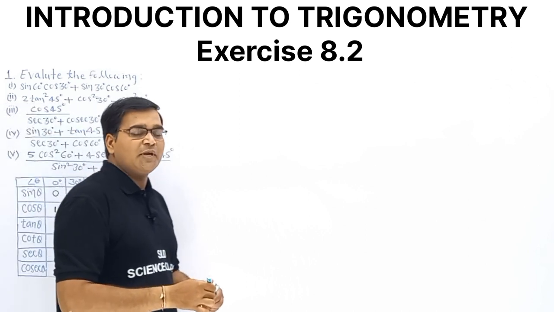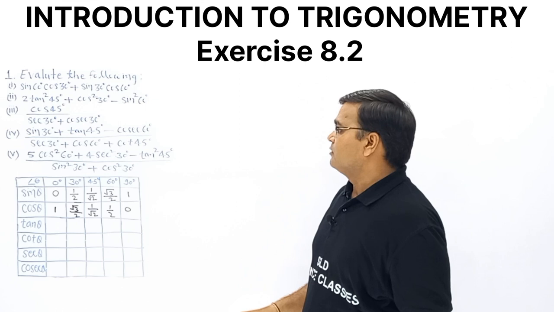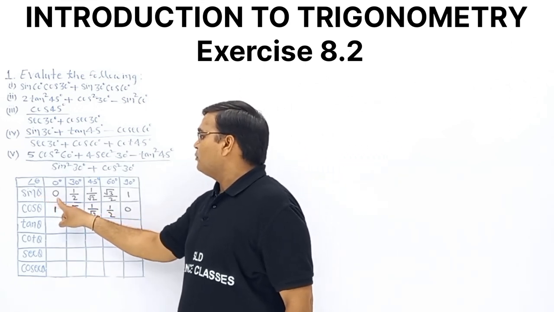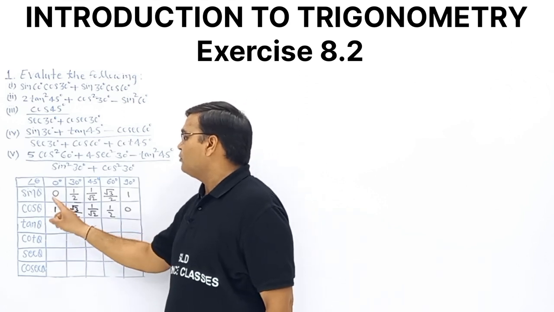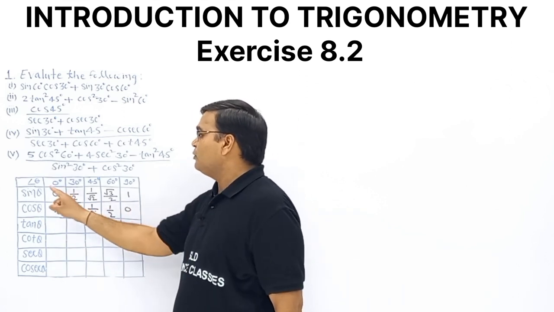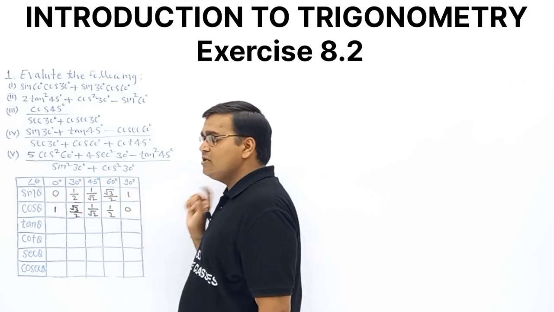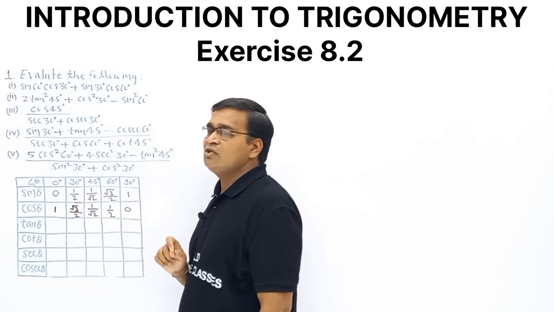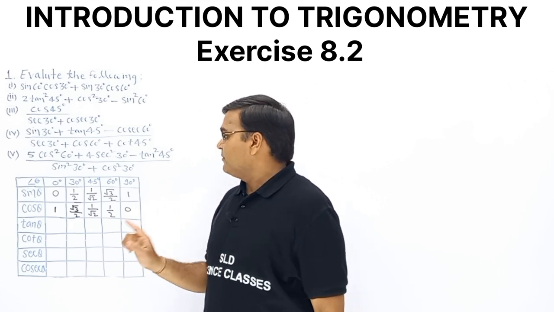In this way we obtain the values of cos theta. Observe, sin theta varies from 0 to 1 and cos theta varies from 1 to 0. Once we increase theta from 0 to 90, sin theta is increasing but cos theta is decreasing from 1 to 0. Clear?